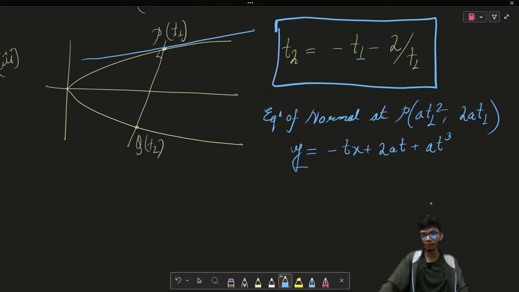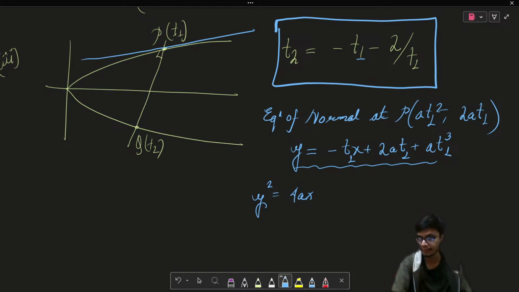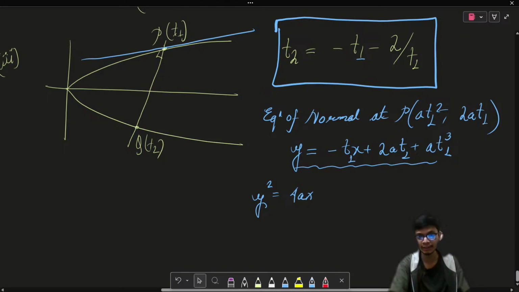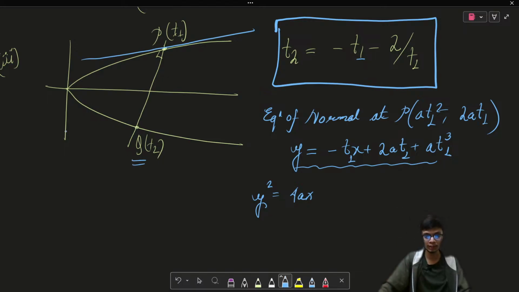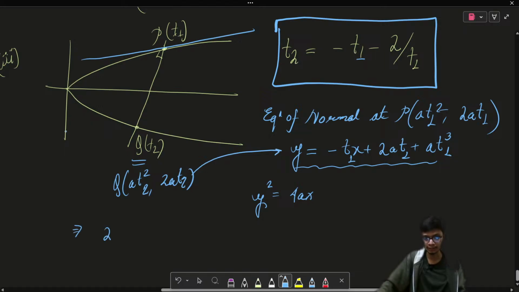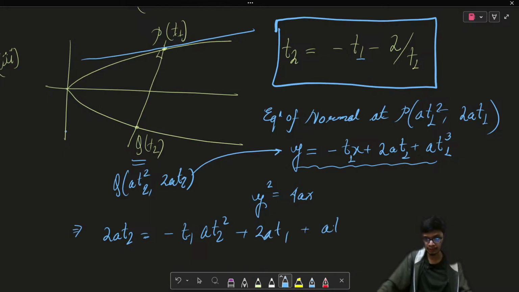Now let us see the intersection with the curve y square = 4ax. Since it intersects the curve again at point Q, whose coordinates are (a t2 square, 2a t2), it will satisfy this equation, and therefore I will get 2a t2 = minus t1 times a t2 square + 2a t1 + a t1 cube.